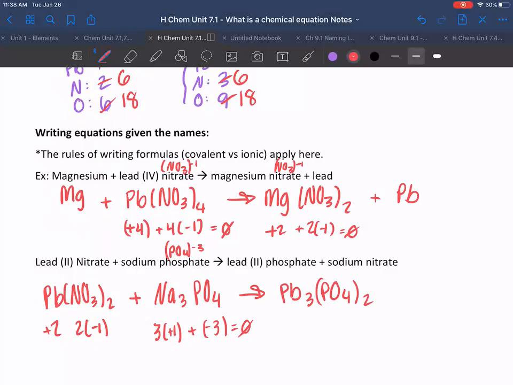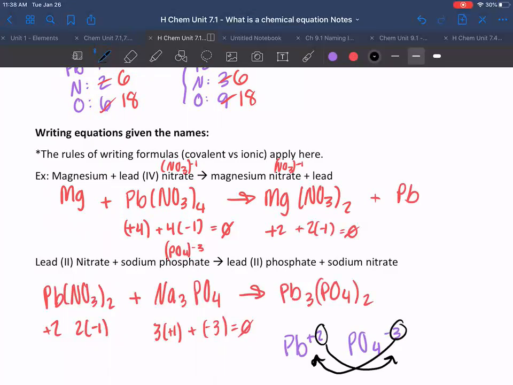Do you guys remember the trick with the charges and the quantity? Exactly. And so just to review, if we have lead 2, and we are trying to figure out how many of each we need, the number of the charge ends up being the quantity of the other one.